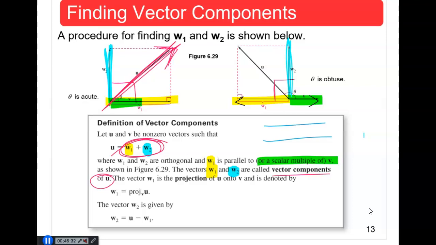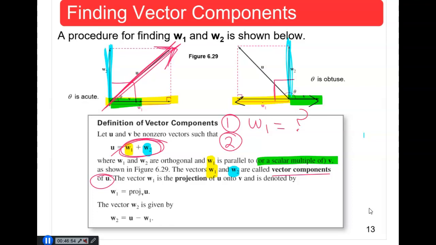So how are we going to do that? Well, first we're going to find w sub 1. And then second, we will use w sub 1 to find w sub 2.